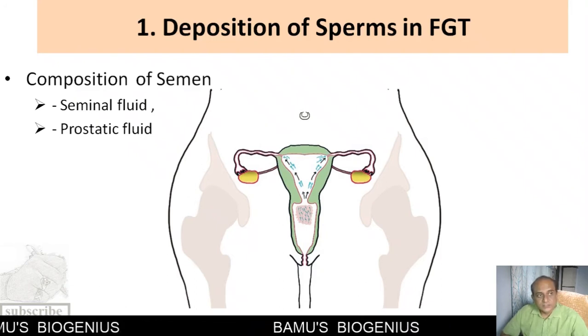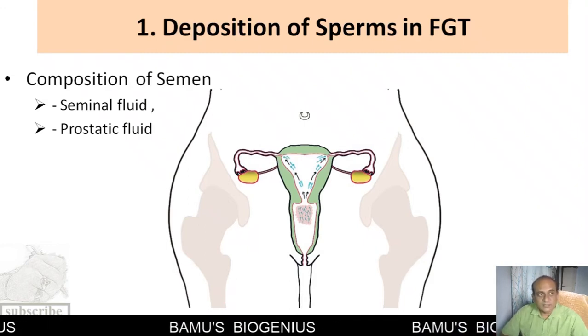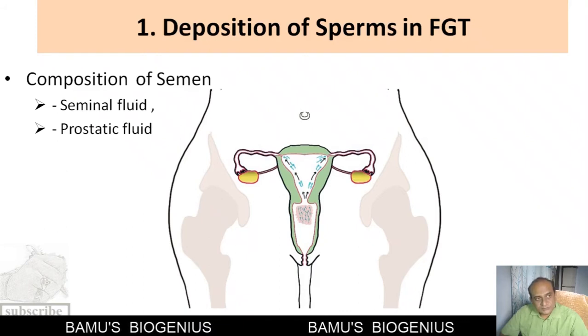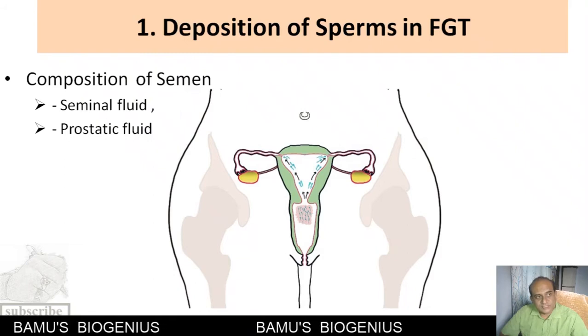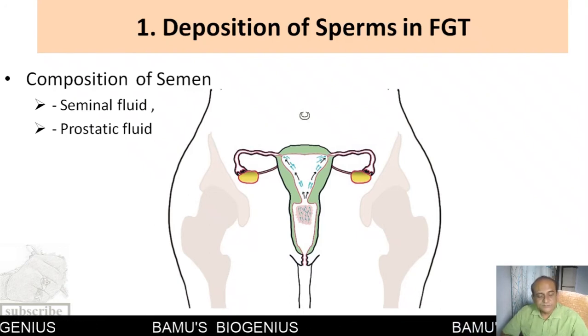The fructose in the seminal fluid gives energy to the sperms, because the sperms absorb this fructose, and from it the mitochondria produce ATP, which is utilized in the movement of the flagella, or the tail of the sperm.